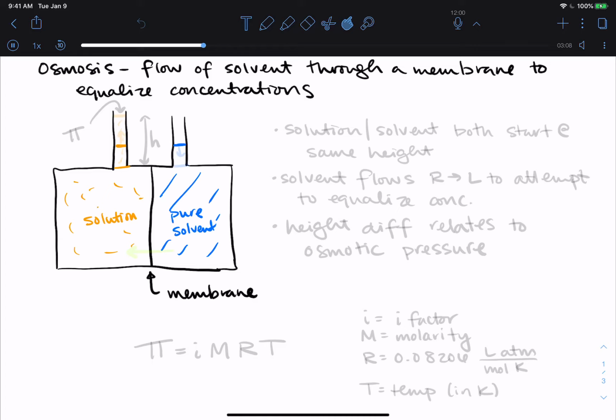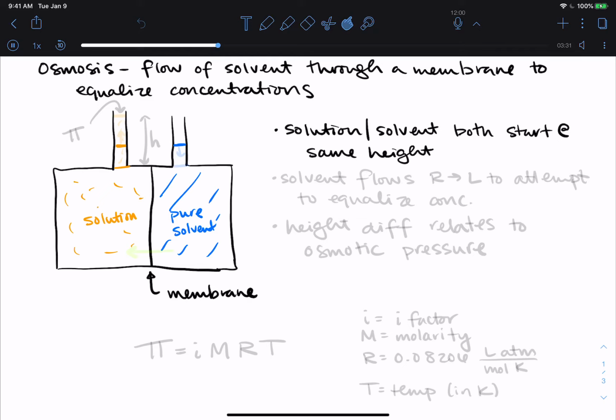And let me put this down in words. So the solution and solvent both start at the same height in terms of how we're measuring the volume on each side.